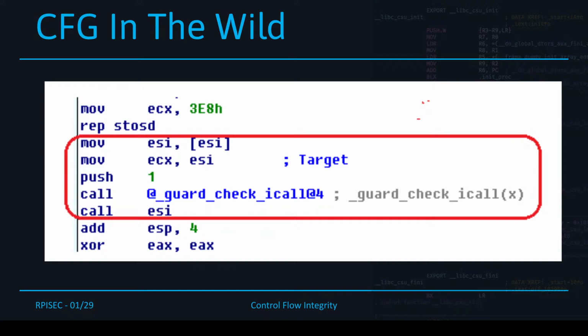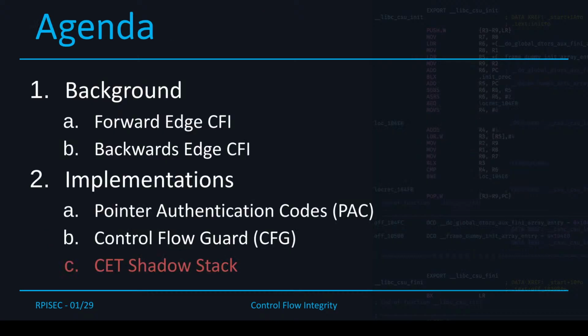It's going to print out that warning sign. Well, this is a really similar technique where it's just going to call this other function, but instead of verifying a cookie, it's verifying an address. And then if it's invalid, then it's just going to crash. It's just going to terminate your program. So that is forward edge CFI.